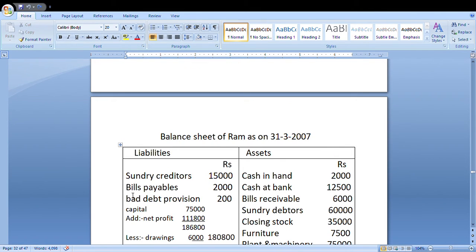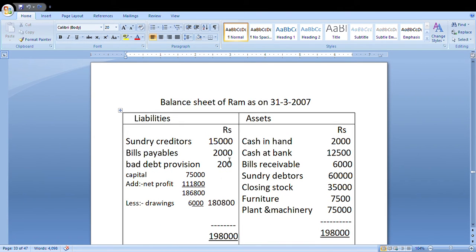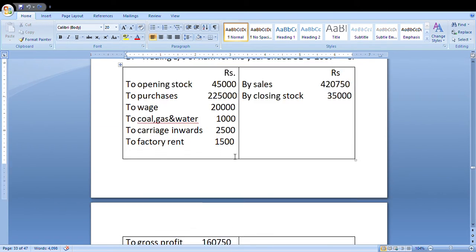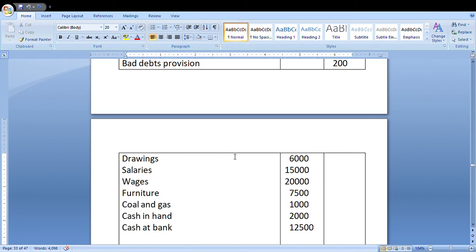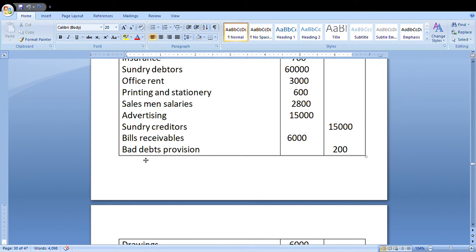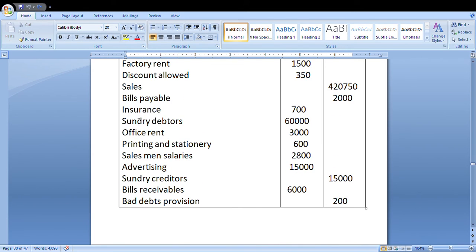Bills payable 2000. Bills payable means payments to suppliers. Next, insurance, you enter in the profit and loss account.